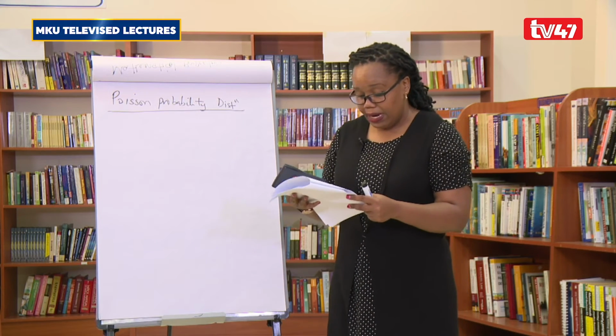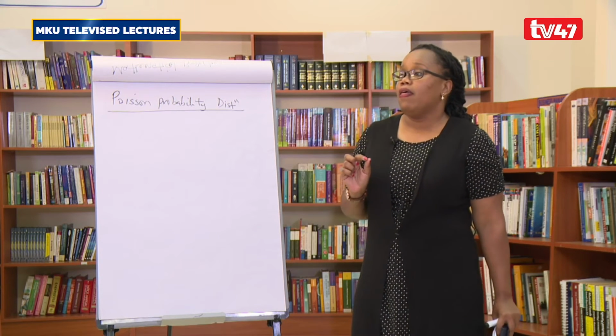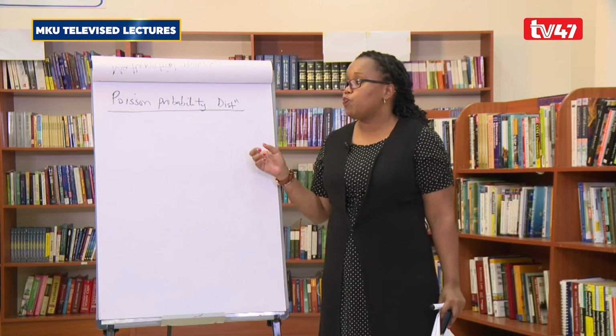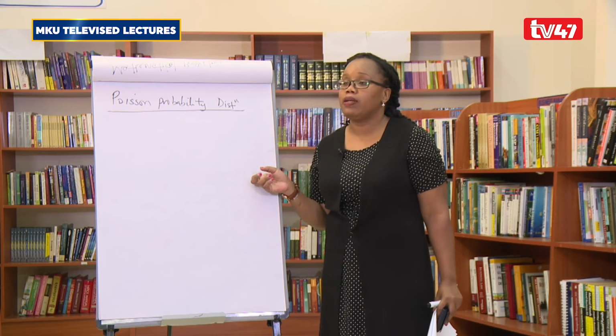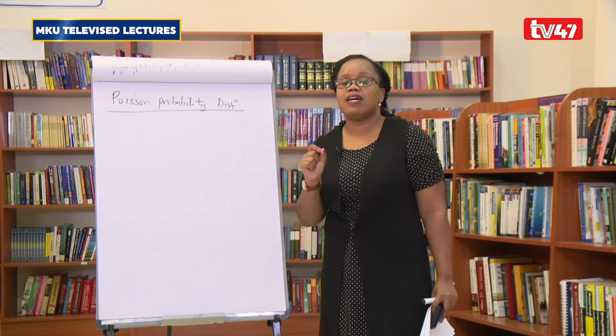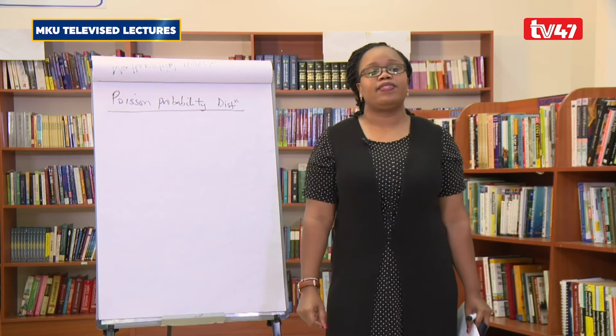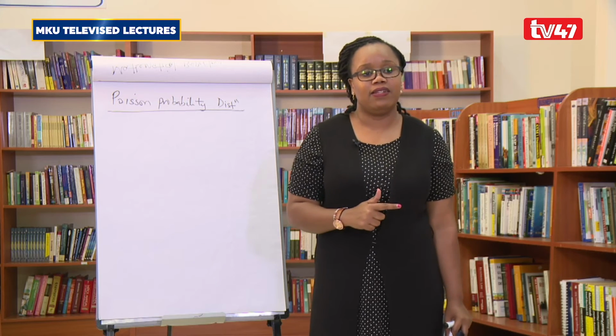Okay? Now, being a discrete distribution, the unique thing about Poisson distribution is that it describes events that are termed to be rare. What do you understand by rare?